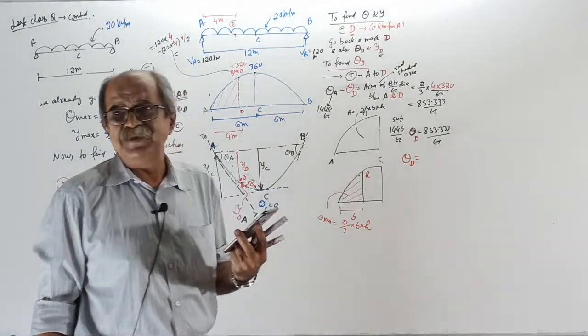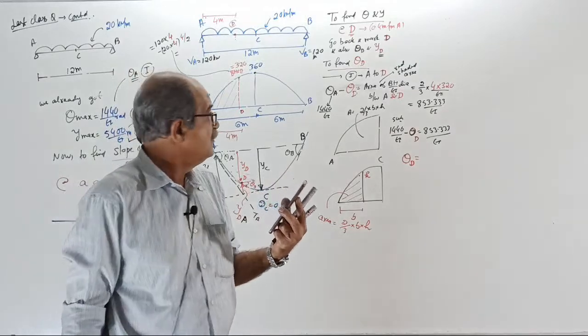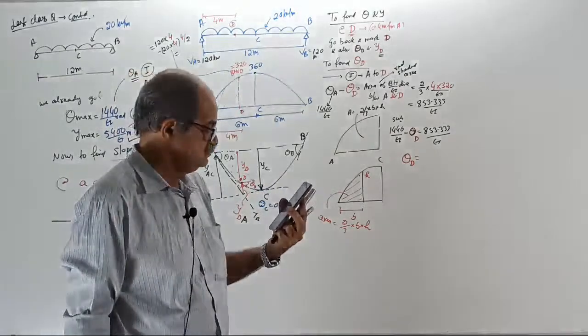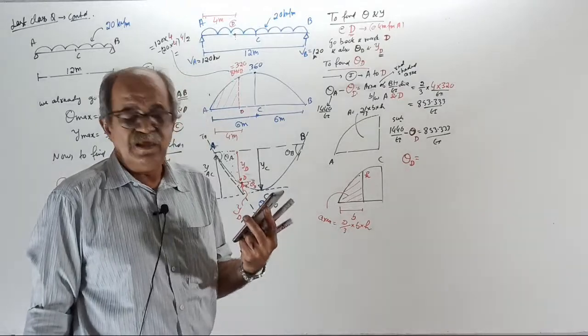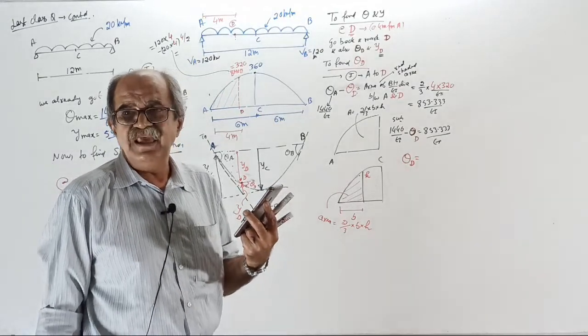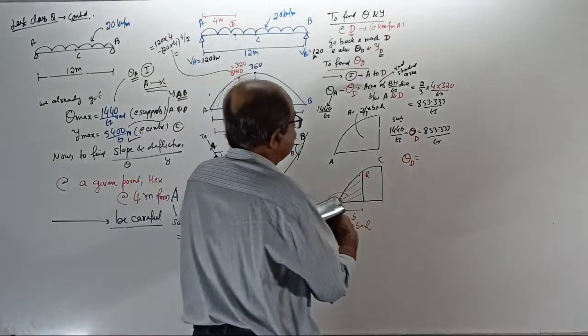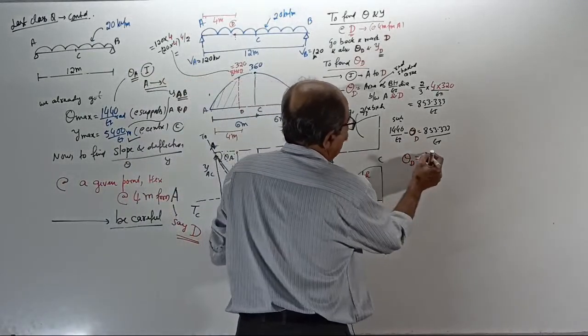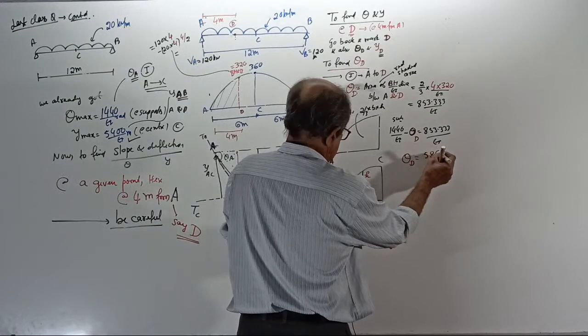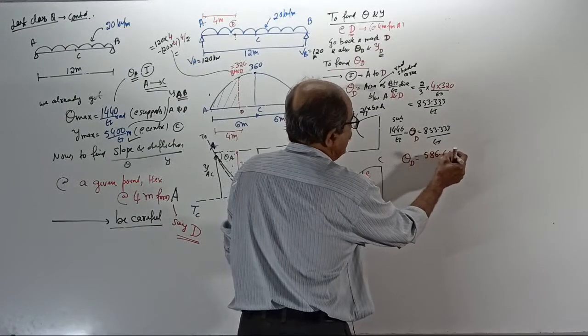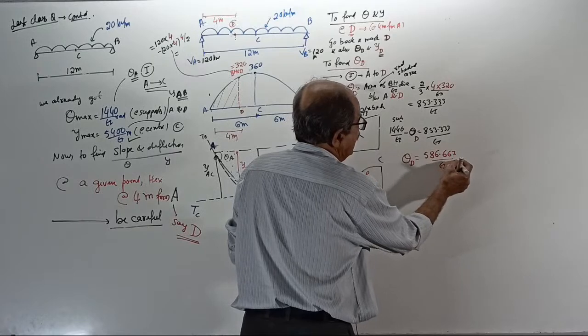What is the value of theta D? You will get 586.667 by EI radian. Right.